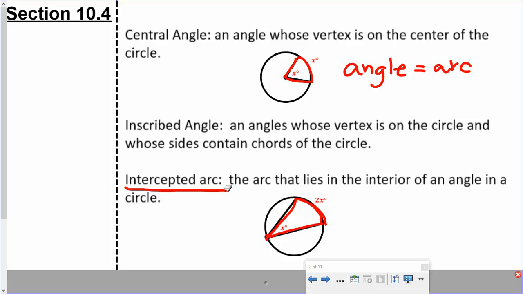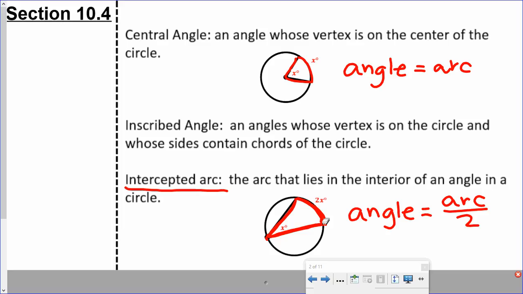Now, how this relates is this angle is going to be double, or I'm sorry, the arc is double whatever the angle is. So if you wanted to write an equation like I did before, if you were having to find the angle measure, that's going to equal whatever its arc is divided by 2. So what the picture is showing you is that the measure of this arc is going to be double whatever the measure of this inscribed angle is.